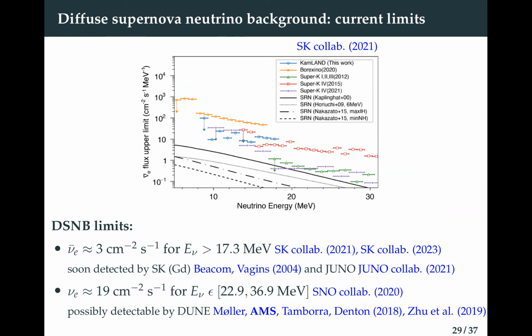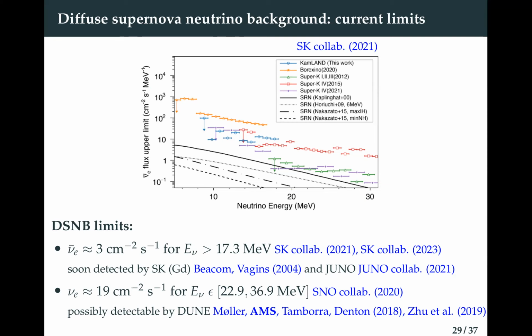If not, then here we can see what are the current limits on the DSNB from Super-K. This is the part that is without the gadolinium, but the gadolinium limits are also similar. And it's basically around 2.7 in those units, which is the integration of the DSNB above neutrino energy 17.3 MeV. And those limits, as you can see, are only a factor of a few above the theoretical predictions.